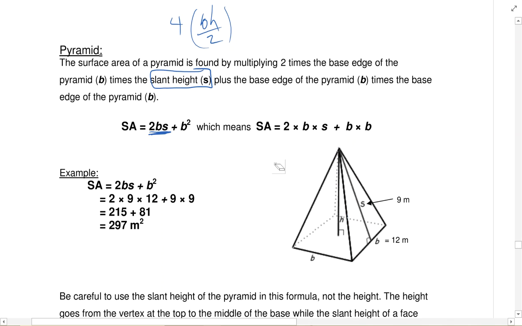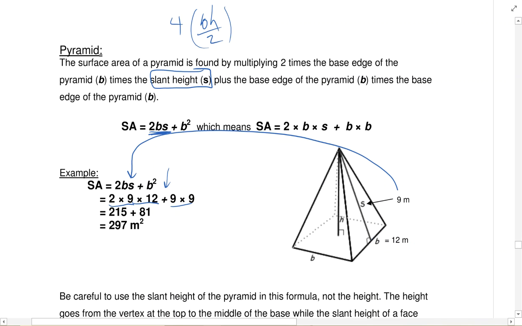All right, and so we'd substitute that in. So we have s equals 9, and we get 2 times base, which is 12, times 9. Okay, plus, again, we have a plus sign, 9 times 9, because that's what the base area is, 9 times 9.